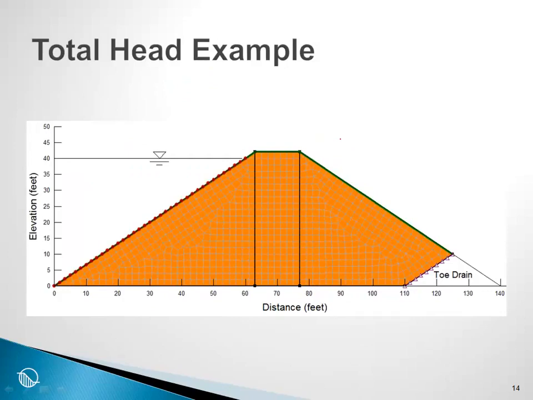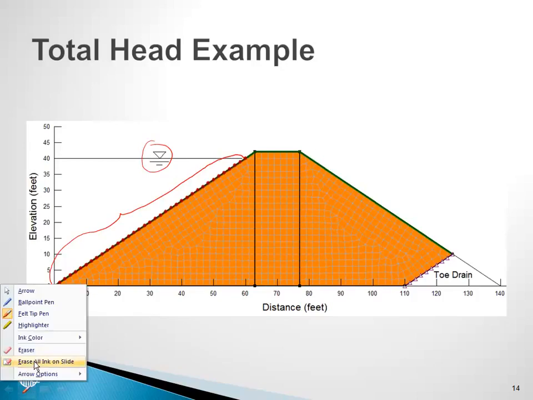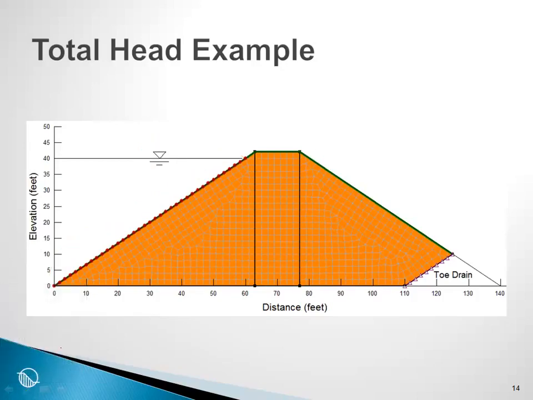Now let's look at total head definition in a slightly more complex case. We have a water reservoir up against the face of this dam here. We need to define the boundary condition along this edge of the analysis domain, and the question is, what is the right boundary condition to specify on that edge?